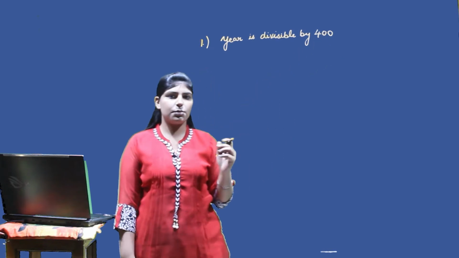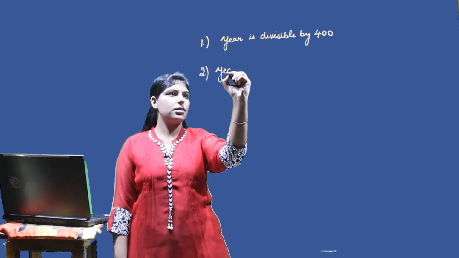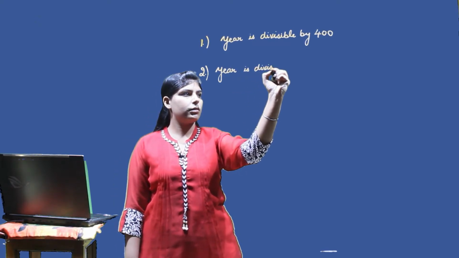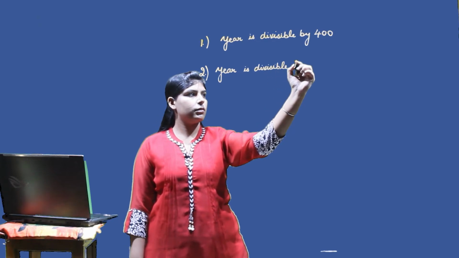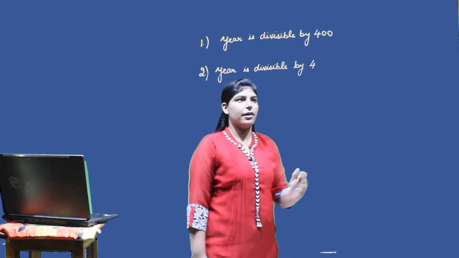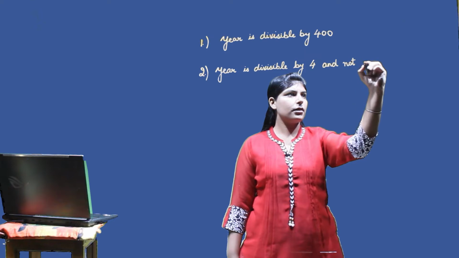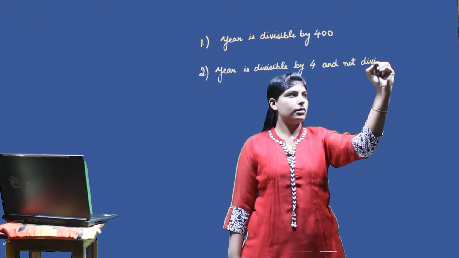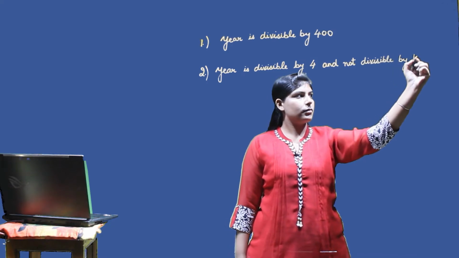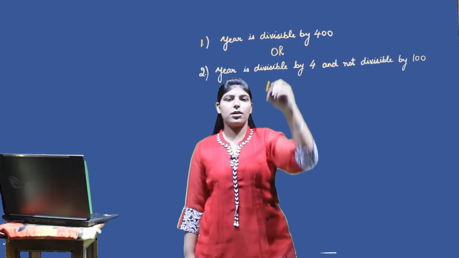Or the second condition is, the year is divisible by 4 but in the same case it should not be divisible by 100. So either of these conditions should hold. So there is an or in between.